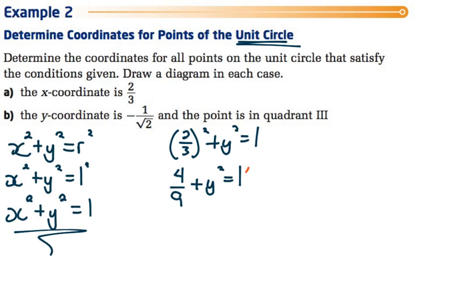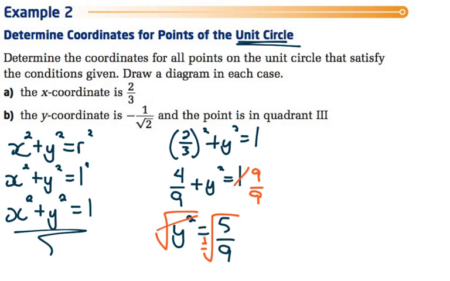Keep in mind that 1 is actually 9/9, since we're going to be dealing with fraction addition. So then we get y squared equals 5/9. We square root both sides, putting a plus or minus with the 5/9. And so we get y equals plus or minus the square root of 5/9.